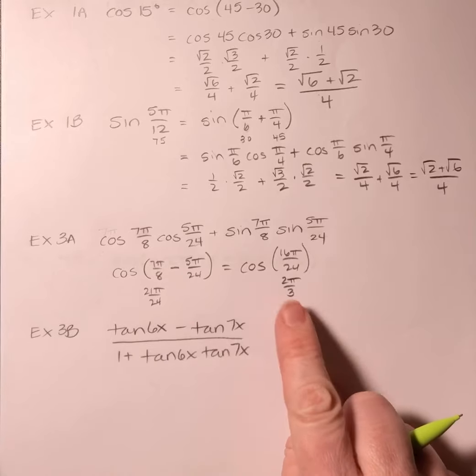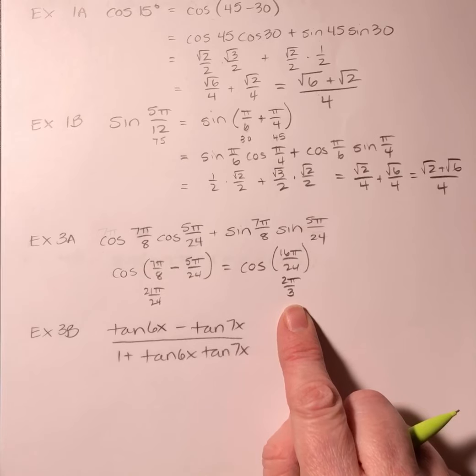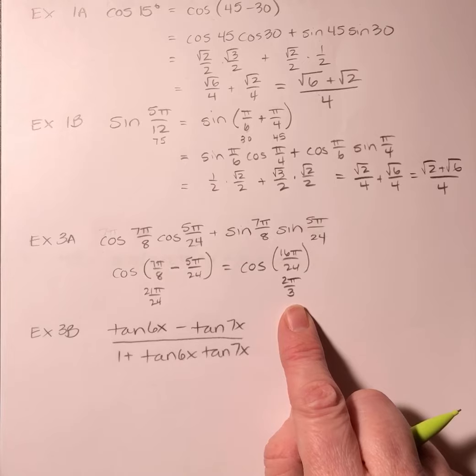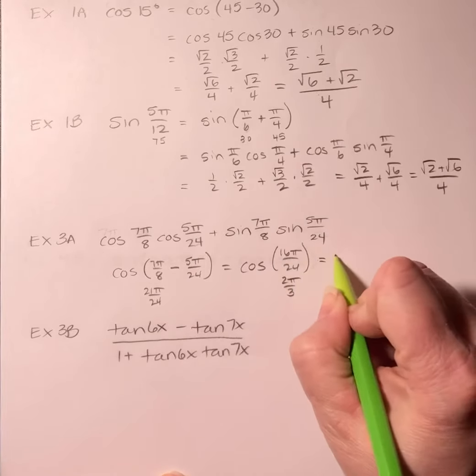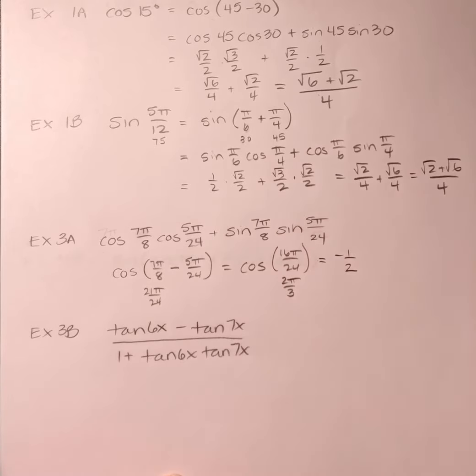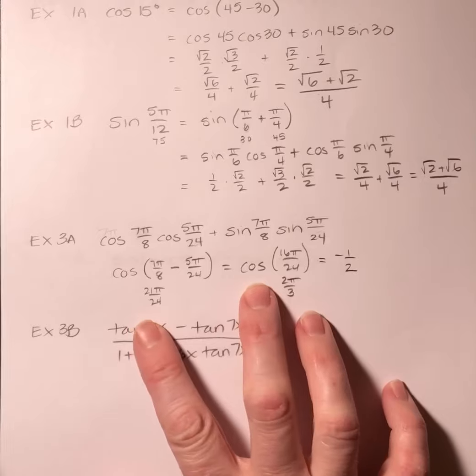That puts me in quadrant 2 with a 60-degree reference angle. So my cosine is going to be 1/2, but I'm in quadrant 2, so it's going to be a negative 1/2.